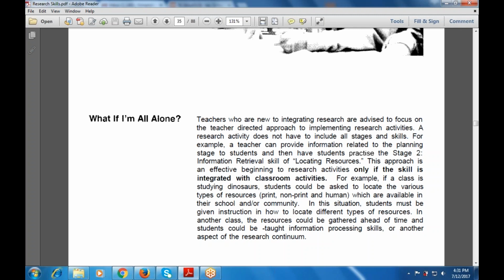In this situation, students must be given instructions on how to locate the different types of resources. In another class, the resources could be gathered ahead of time, and the students must be taught information processing skills or another aspect of the research continuum.